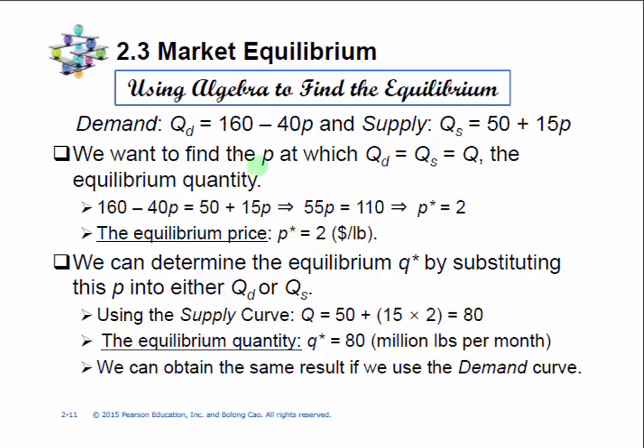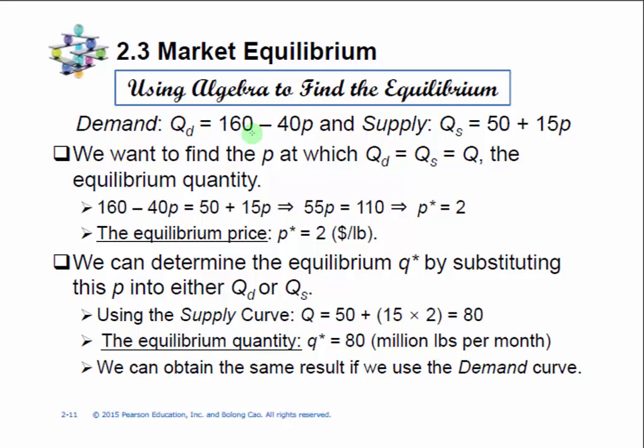Here we have the demand curve equation, quantity demanded equals 160 minus 40 times P, and the supply equation, quantity supplied equals 50 plus 15 times P. Basically, we have two curves, and each of them has two variables, quantity and price. So you have two equations and two unknowns.